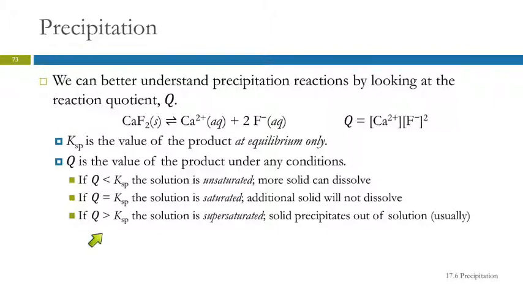A supersaturated solution is when you have more dissolved in solution than can be in solution. And that is an unstable situation, and usually the solid will precipitate out of solution. Sometimes it's not aware that it should precipitate, and so it needs a bump or something before it'll precipitate.